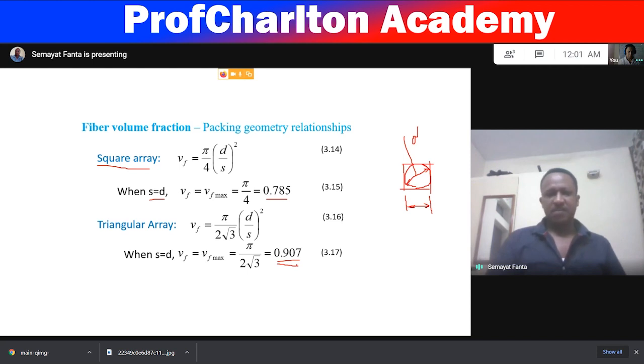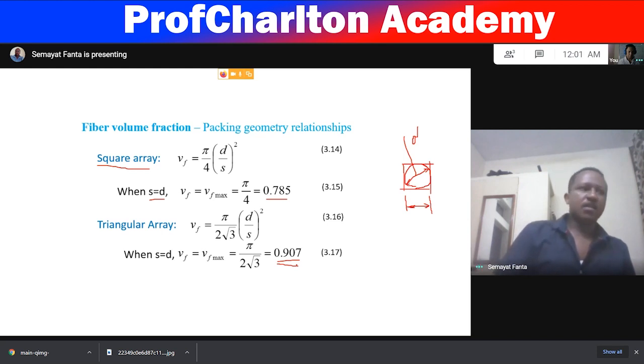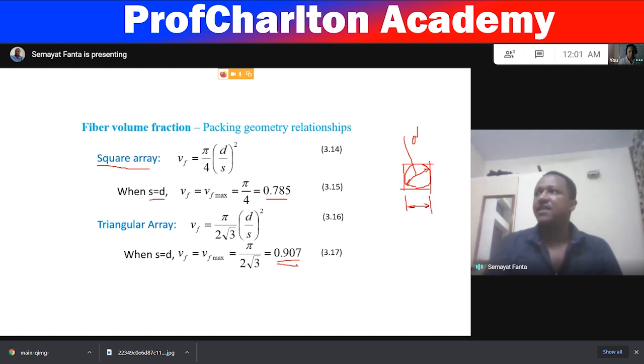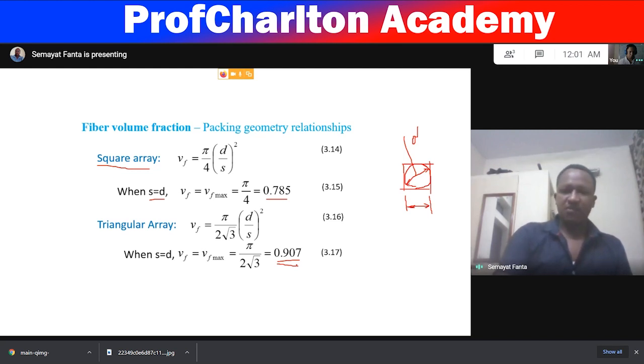So whenever we need a high volume fraction of fiber, maybe hexagonal arrangement is preferred. But most of the time the volume fraction of fiber is between 55 up to 80%. So it may not be 0.907, that means 90.7%.